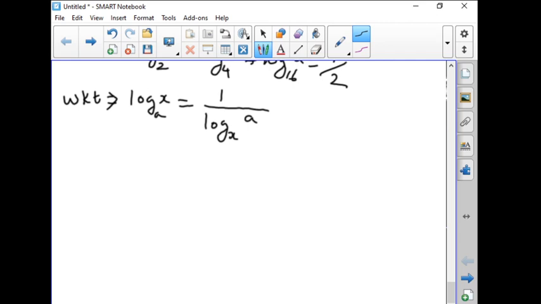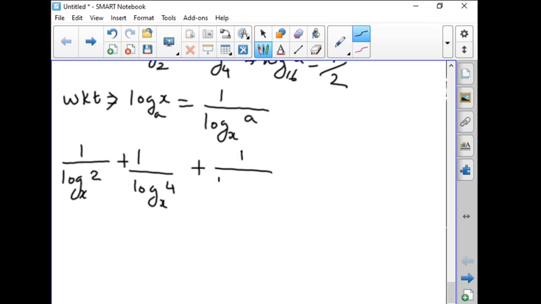So now, how will you write the left hand side? Log x to the base 2 can be written as 1 by log 2 to the base x. Second term 1 by log 4 to the base x plus third term 1 by log 16 to the base x equal to 7 by 2.